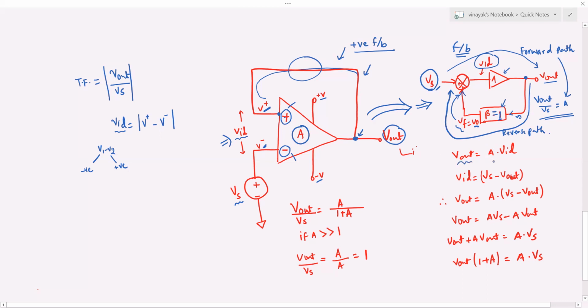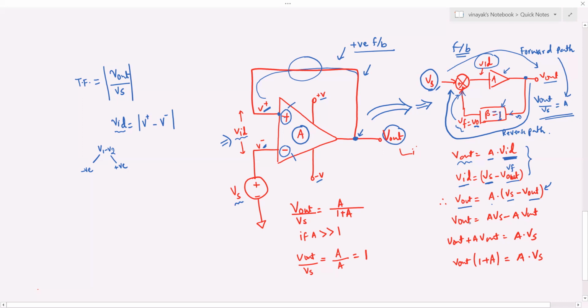So we say that V out equals A times VID. VID is now the difference Vs minus Vf. V out is equal to Vf now. And therefore, V out is equal to A times (Vs minus V out). We can use these two equations to write this equation.